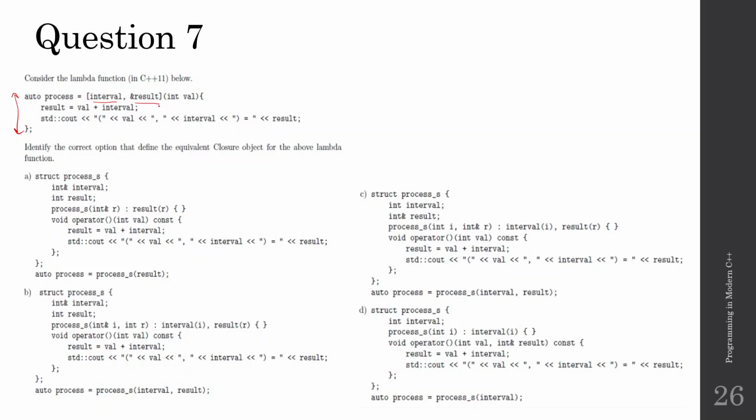Then it accepts one argument val, stores val plus interval in result, and prints a message with the values of the variables. So now we have to find the equivalent code which does the same thing.